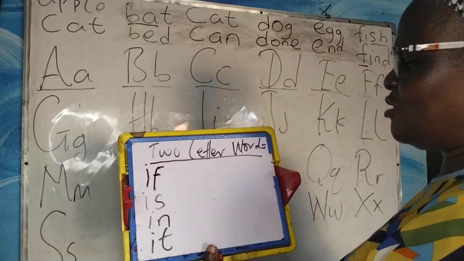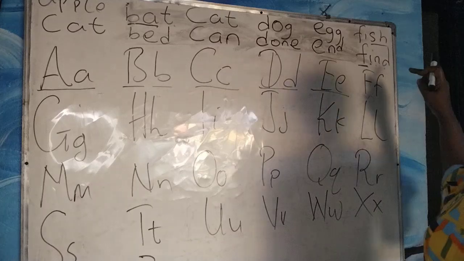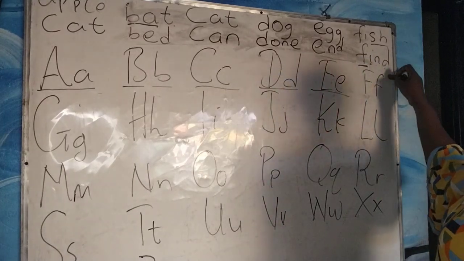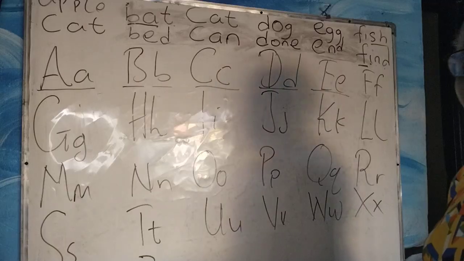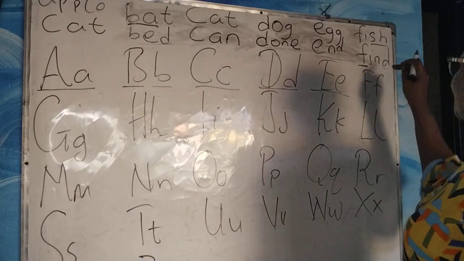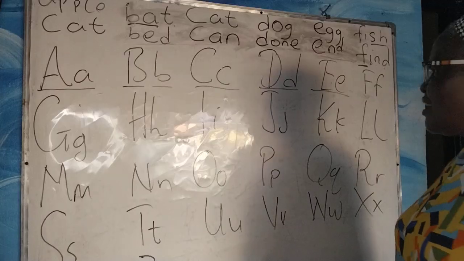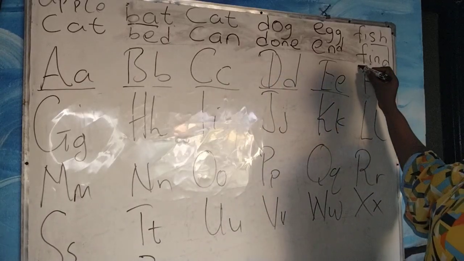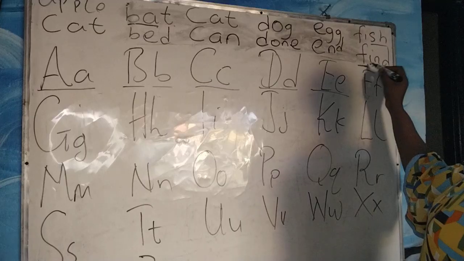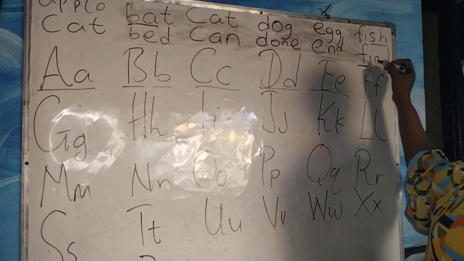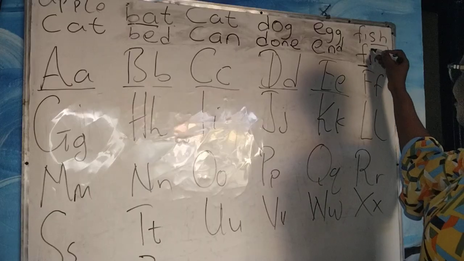You see? Now, coming to letter F, where we have find. If I am to teach a nursery child the spelling of find, I will go through this way. The first letter is F, and the last letter is D. And in between F and D, you have a two-letter word.